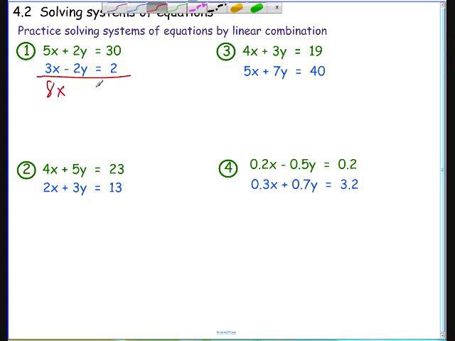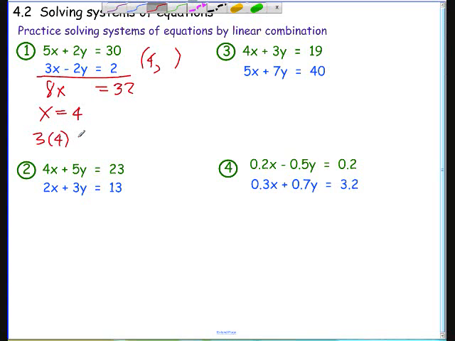8x zeros, 32. I get x equals 4. And I have to figure out what my y is. All right, so I've got my 4, and I'm going to figure out what my y is. I'm going to take the simplest equation to do that in, so I'm going to say 3 times my x.